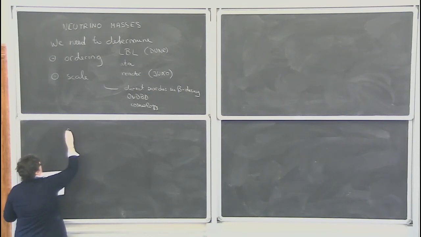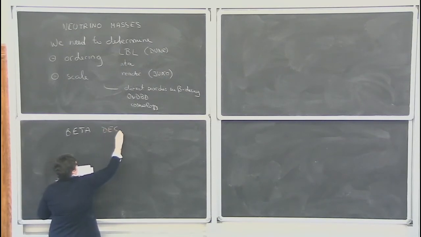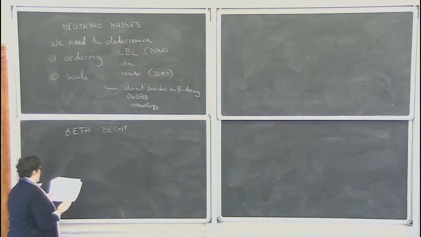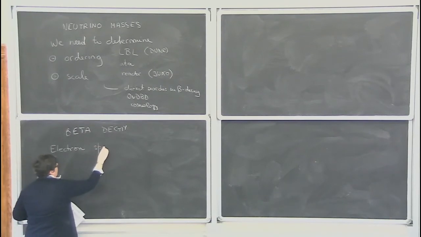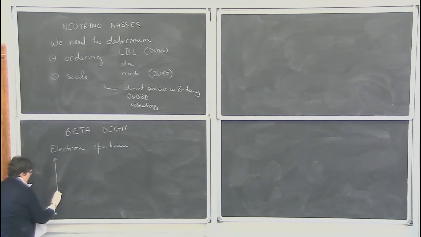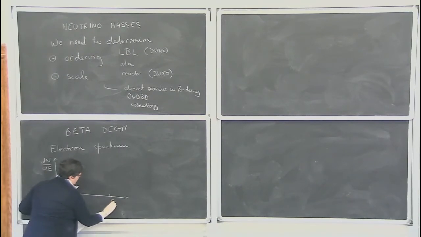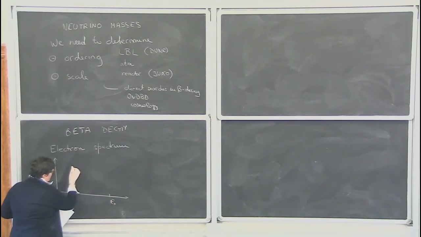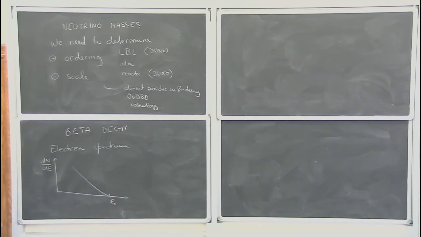So let's talk about beta decay. And what one looks at is the electron spectrum. So if I look at the endpoint of the spectrum, so my dN over dE, and this is my endpoint. If neutrinos have no mass, the endpoint will be reached in this manner.